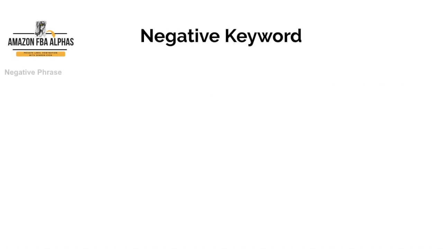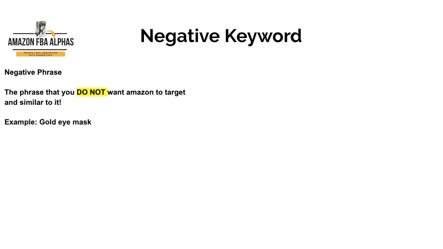Negative keywording. Negative phrase. So you've got two types of negative keywords. You can either do negative phrase or negative exact. And I'll explain that in a second. So the phrase that you do not want Amazon to target and similar to it. So for example, gold eye mask.